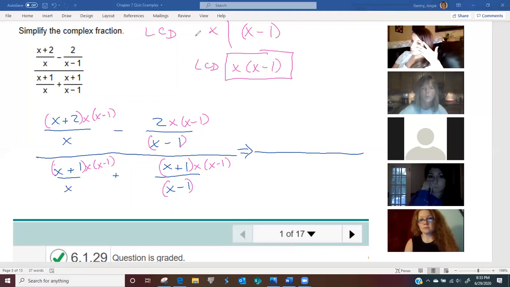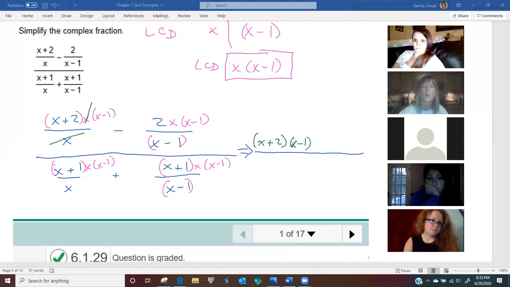But do you see what cancels? I'll do that in bright green, if you can see it. The X here and that X here, you see how they cancel? What's left? This binomial and this binomial, so you're going to have to put this here. And then what cancels here? This one and this one. And then what cancels here? The X and the X.